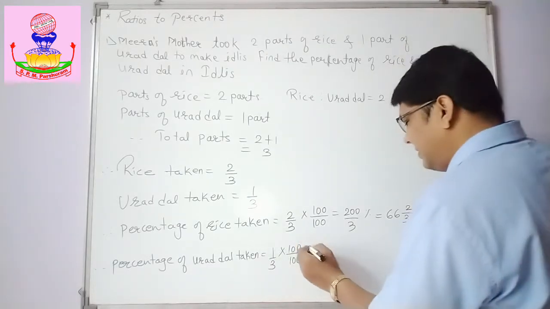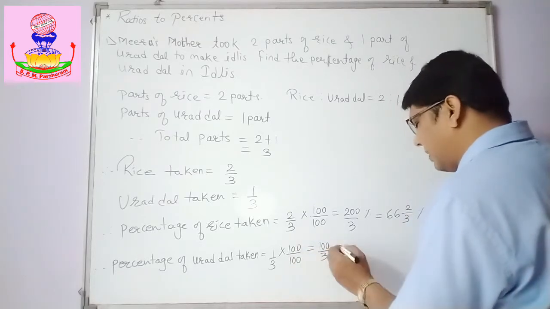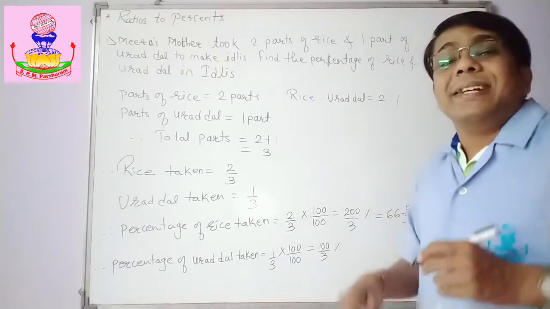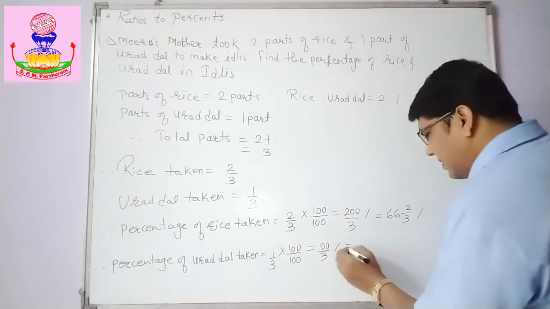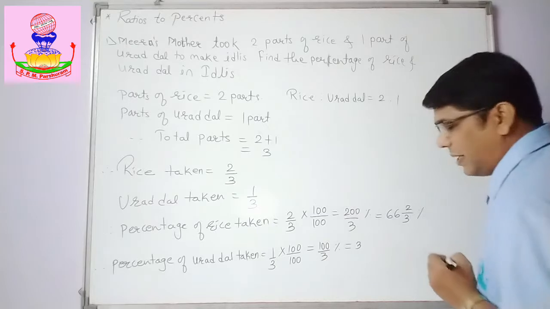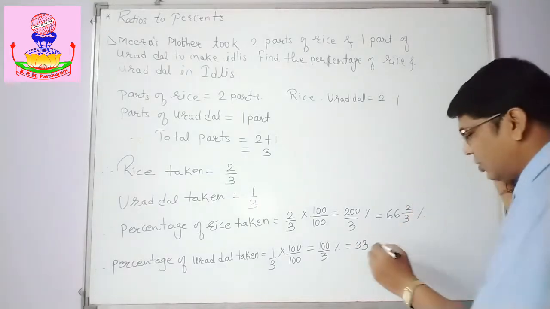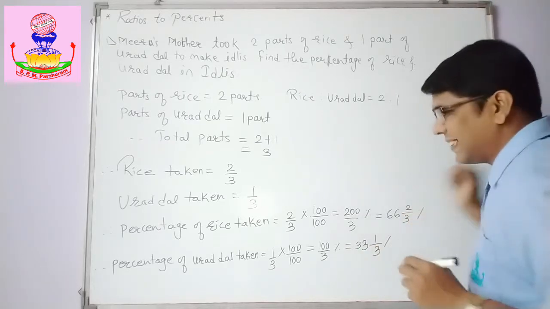So 100 into 1, 100 upon 3, and this denominator will get converted to percent symbol. Now 100 upon 3 means convert to mixed fraction. 3 3 dana in 1 remainder. So 10. 3 3 dana in 1 remainder. Stop there. So 33 integers, 1 upon 3%.